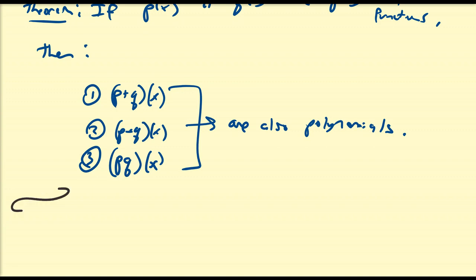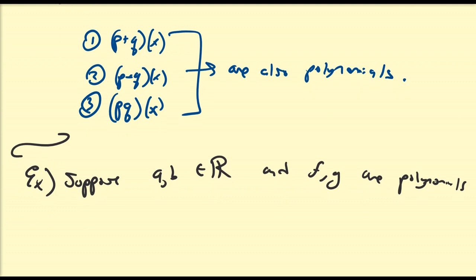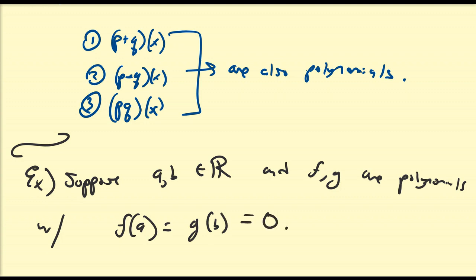A couple other things that I want to mention that are going to be extremely useful in the future is the following example. Suppose that a and b are real numbers, and f and g are polynomials. Let's assume these polynomials have the property that f of a is equal to g of b is equal to 0.